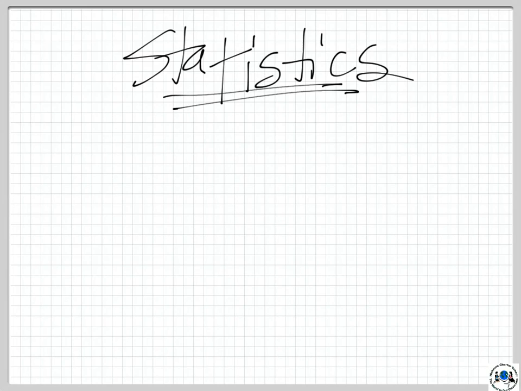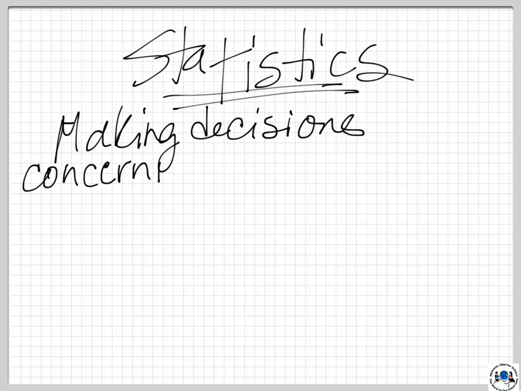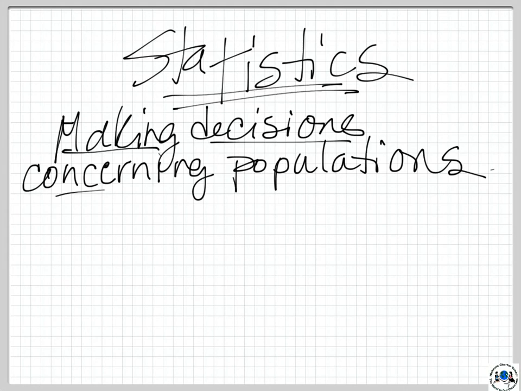What we've been talking about for this entire ending half of Module 5, we first talked about probability, but more or less what we have been talking about is an introduction to statistics. Statistics is involved in making decisions concerning populations, and those populations, mostly, are people.